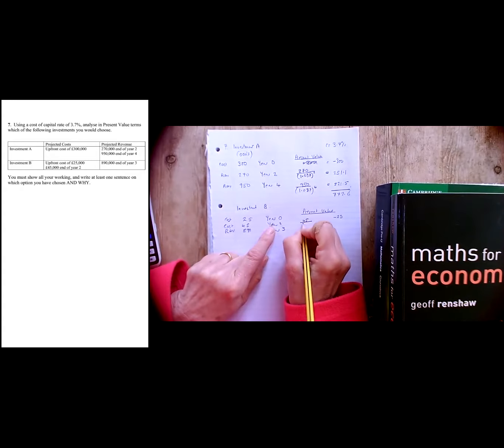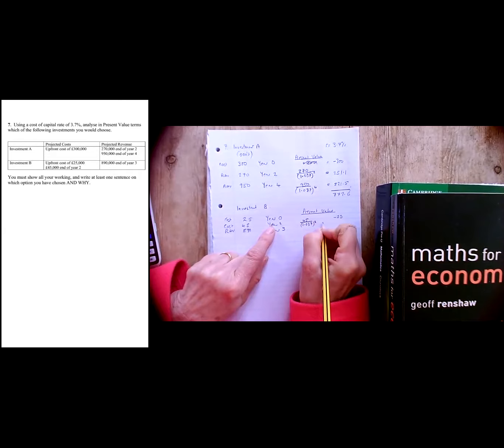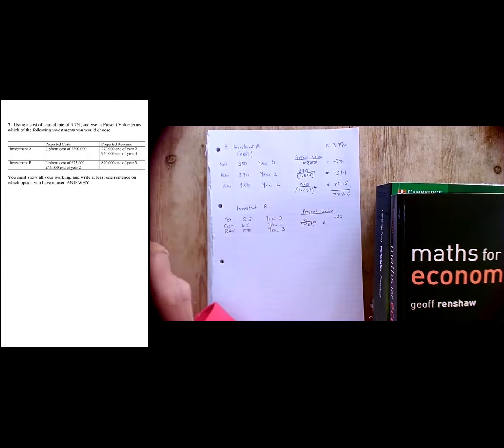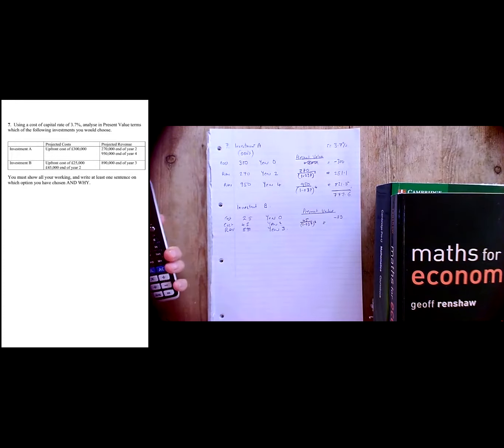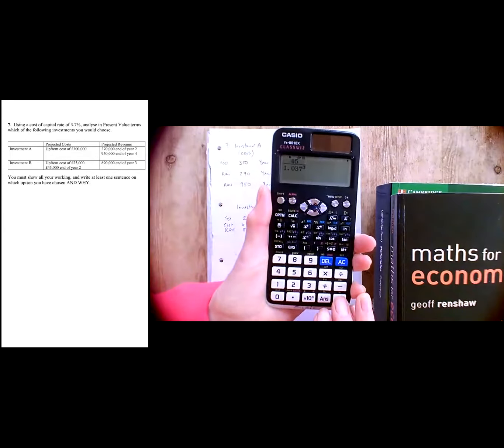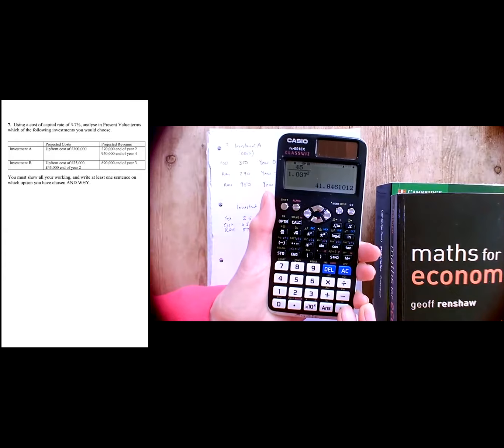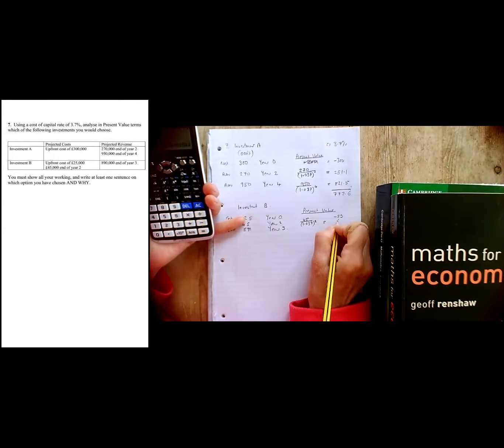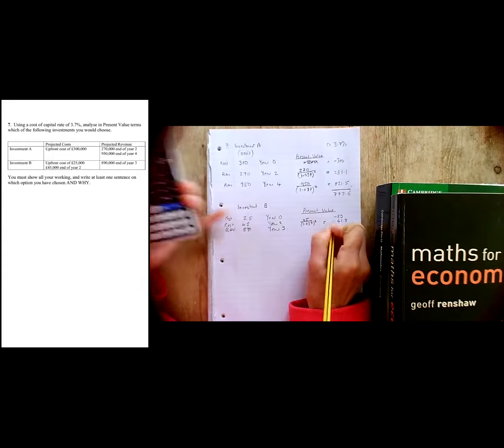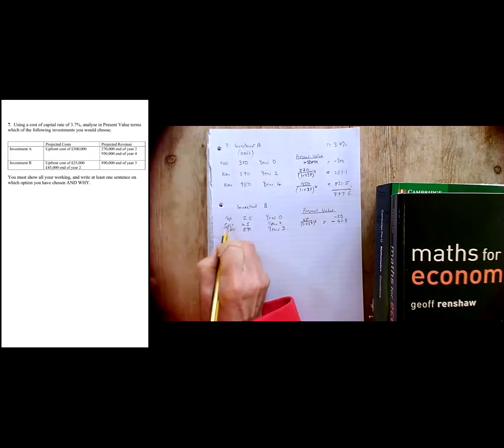We want to know what that is worth in present value. So 45 divided by 1.037 to the power of 2 is 41.8. And it's a negative because it's a cost.